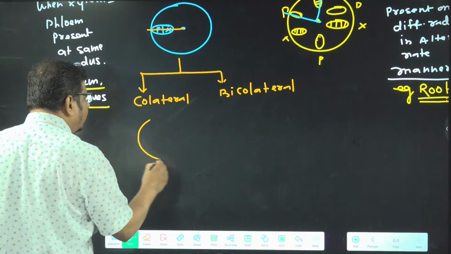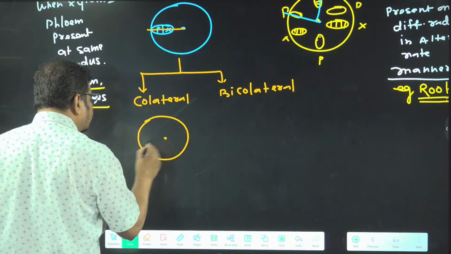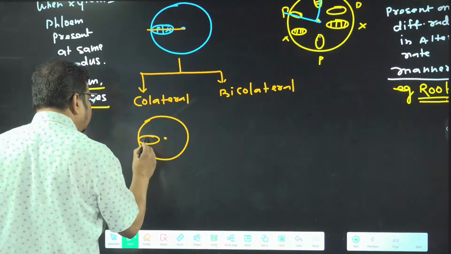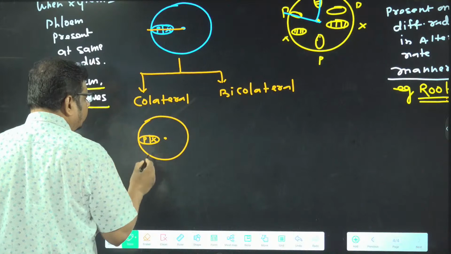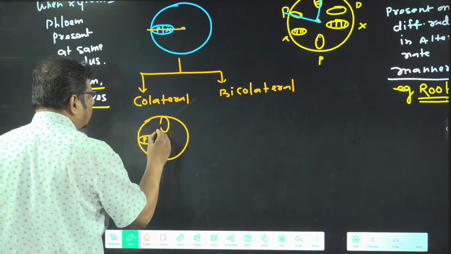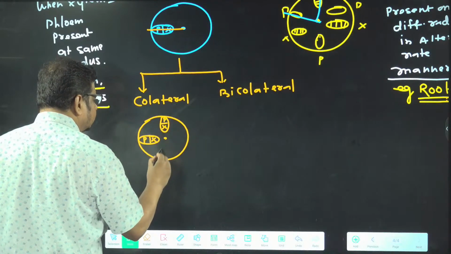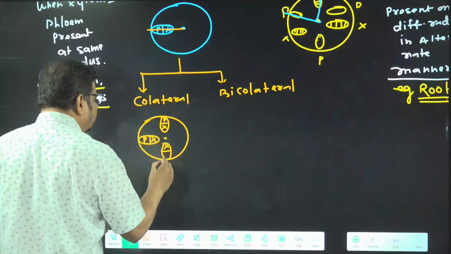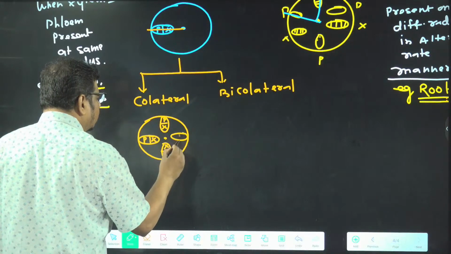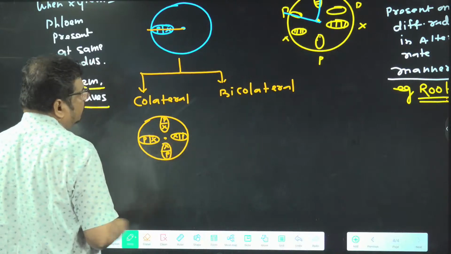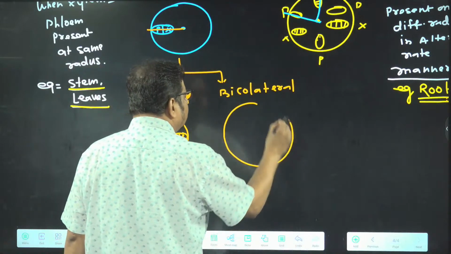In collateral you will find this. Here xylem, here phloem. Xylem, phloem. Xylem, phloem. Xylem, phloem. And in bicollateral, what will you find?